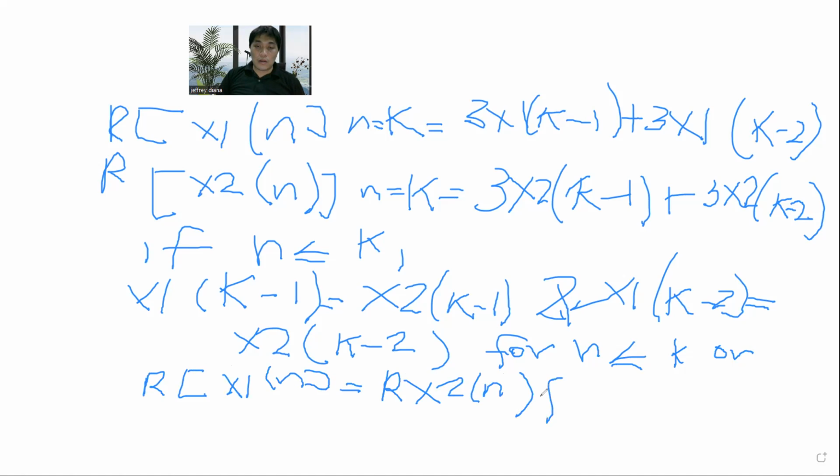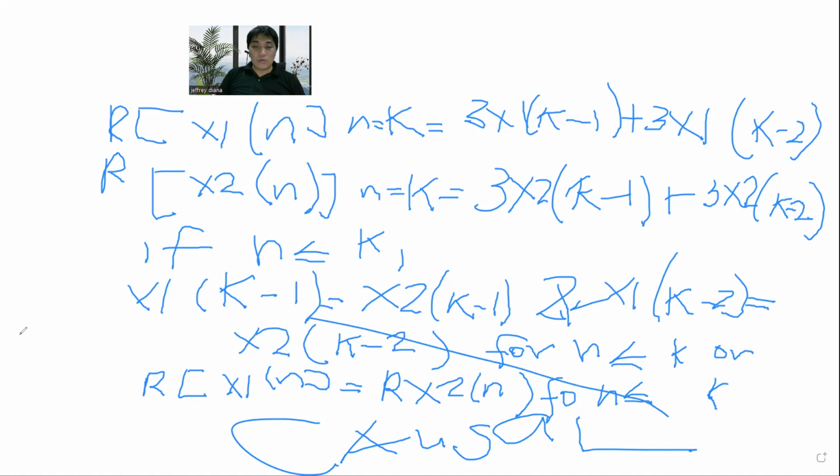So for n again less than or equal to k, the system is called the causal system. This is a causal system. This is causal.